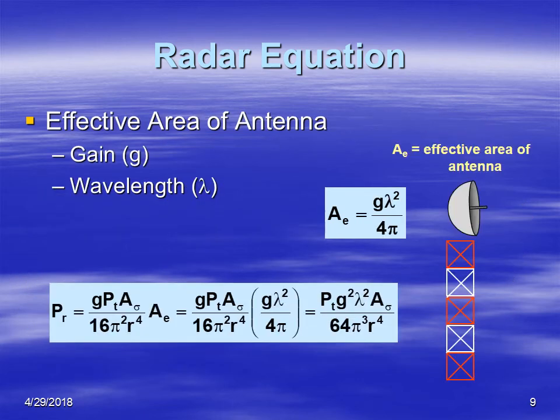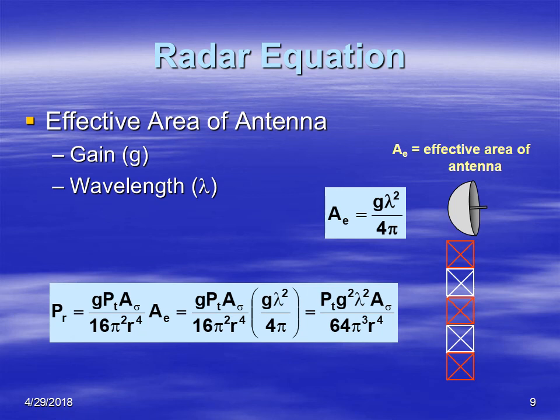Now, the effective area of the antenna is a function of the gain and also the wavelength that the antenna is transmitting. The gain being, once again, the gain that we saw when the power was transmitted. It's the same antenna, so we use the same gain. If we put that into the equation, yikes, the equation starts getting a little more complicated.